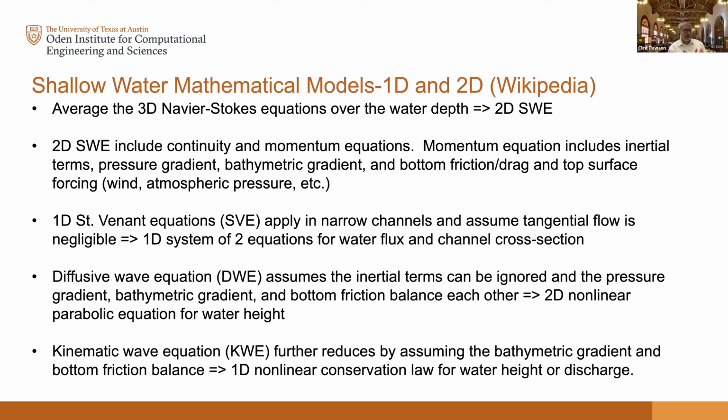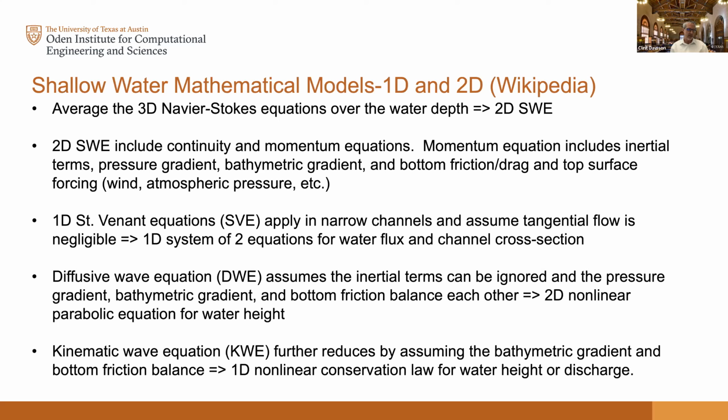Another model one can come up with is the diffusive wave equation, which assumes, for example, if you're in a watershed or in a very flat region along the coast that may be heavily vegetated, that the inertial terms are small. You can balance the pressure gradient, bathymetric gradient, and the bottom friction and come up with what's called the diffusive wave equation, which turns out to be a 2D nonlinear parabolic equation for the water height. So a 2D equation, but in one variable.